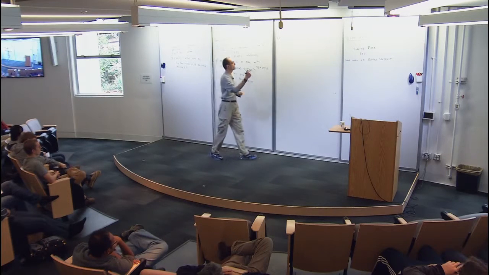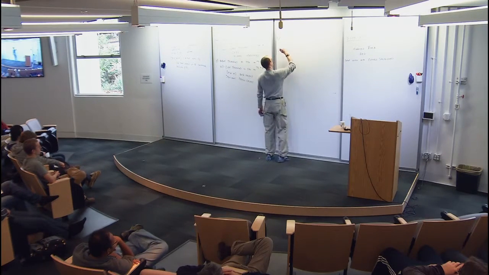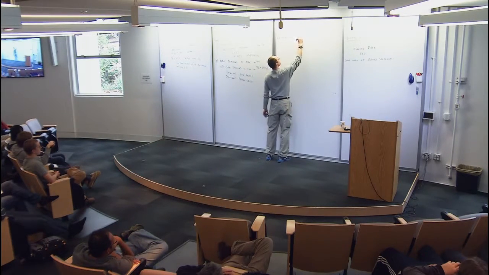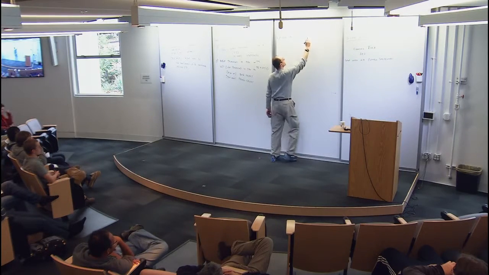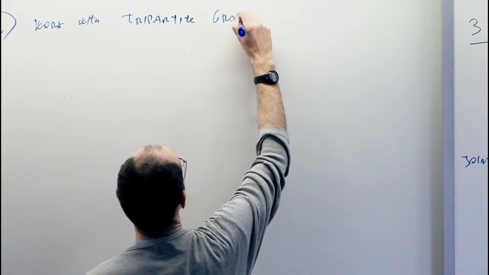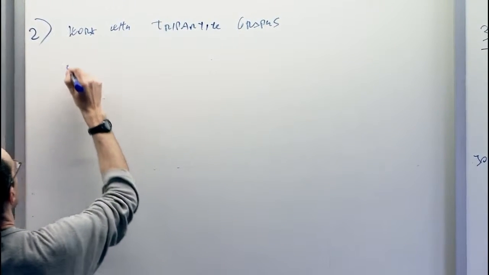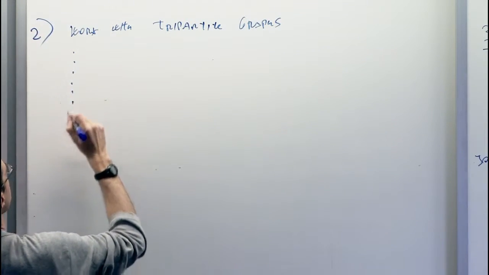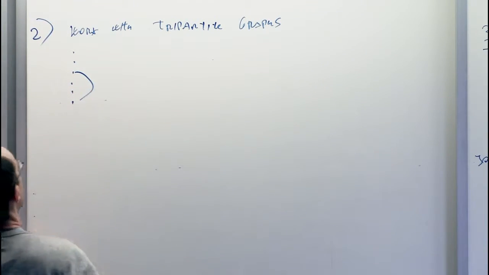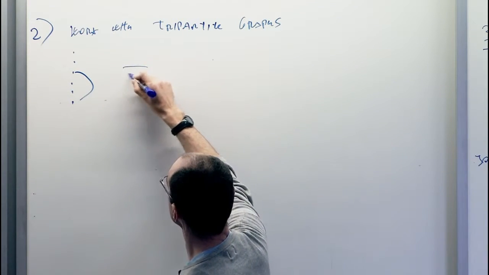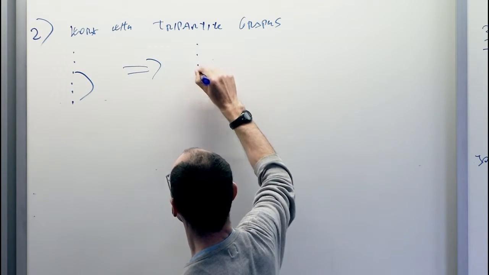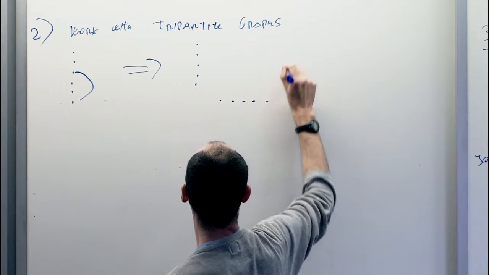The first thing is that we are going to work with tripartite graphs. If you have a graph here, which is a bunch of edges, I'm going to convert it into a graph which has 3 parts.